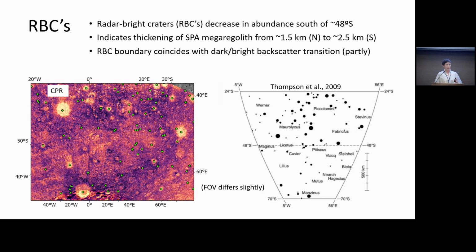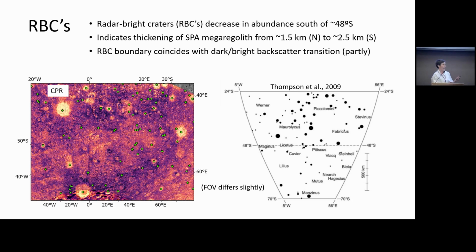I did mention at the beginning of the talk that there was this previous study by Thompson arguing for SPA megaregolith. And in that study, they looked at the distribution of radar bright craters, RBCs. And that's these circles in this plot on the right. They found that there's a decreased abundance of these RBCs south of a boundary at 48 degrees south.